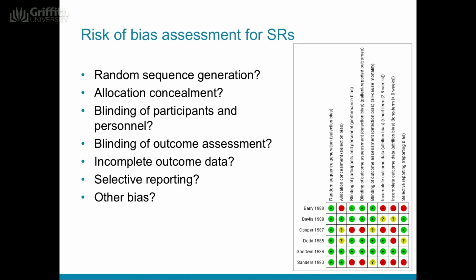This is a risk of bias table, and for a systematic review, because you're looking at randomised controlled trials, etc., you need to know, were they randomised? How were they randomised? Was allocation concealed from people who were doing the randomising, or did they know which group was most likely to come up?